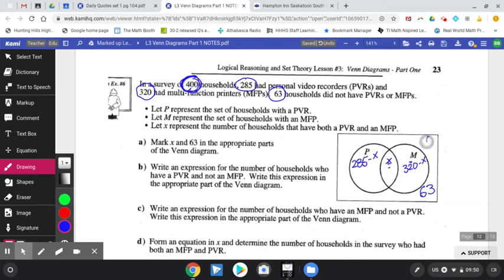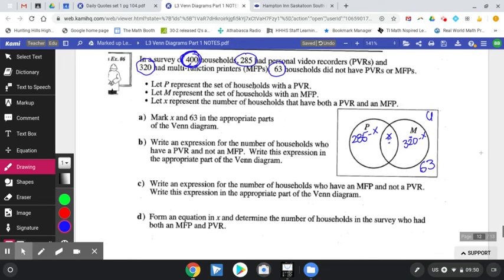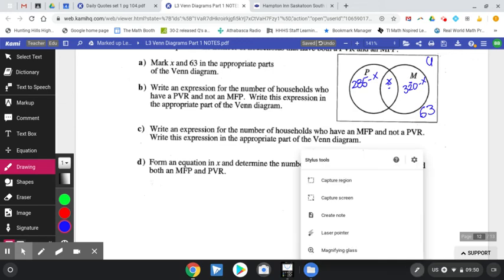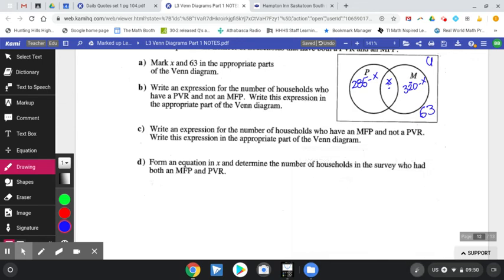Now, remember that our universal set, 400 households were surveyed. And so our universal set, this rectangle, everything in there should add up to 400. So I'm going to make an equation, and this is what my equation will say. This section plus this one, plus this one, plus this one, all four sections add up to equal 400.